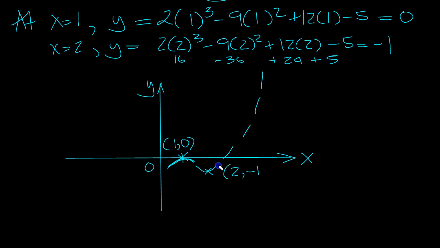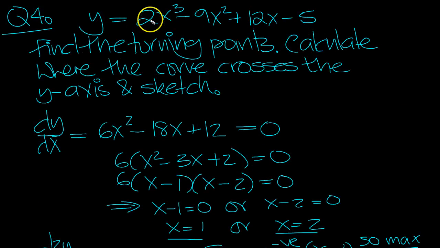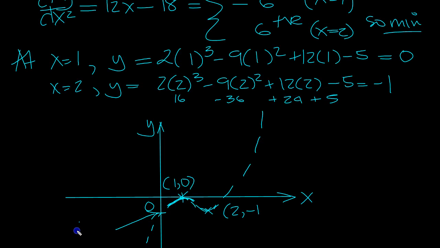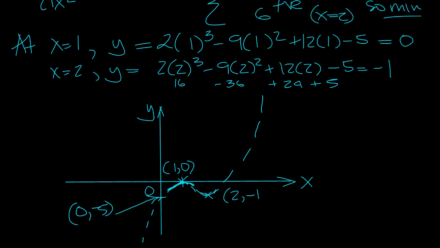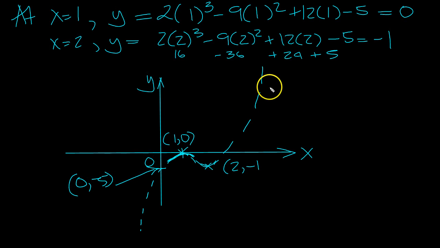So it's going to come round, turn, go up, turn, and then go down like so. This point here you could work out for the purposes of the sketch because it's easy to get. When x is 0, 0, 0, minus 5. So you could put that in as well as a bonus. That coordinate there. Okay, and that's the curve. y equals f(x).